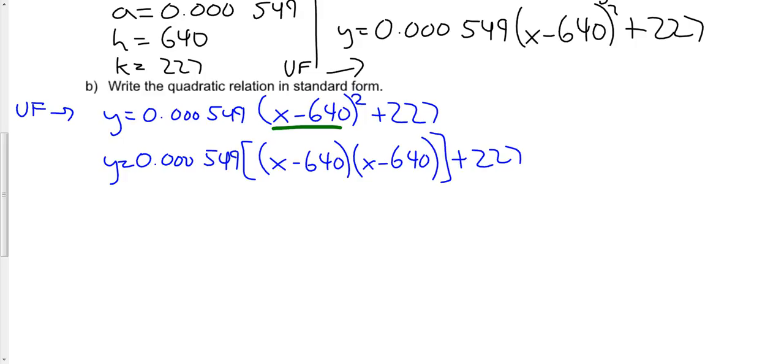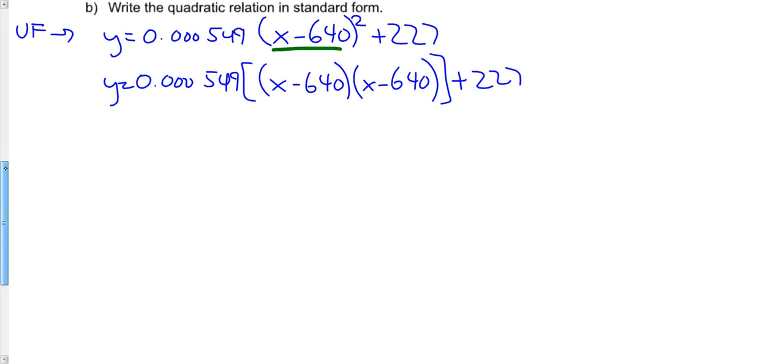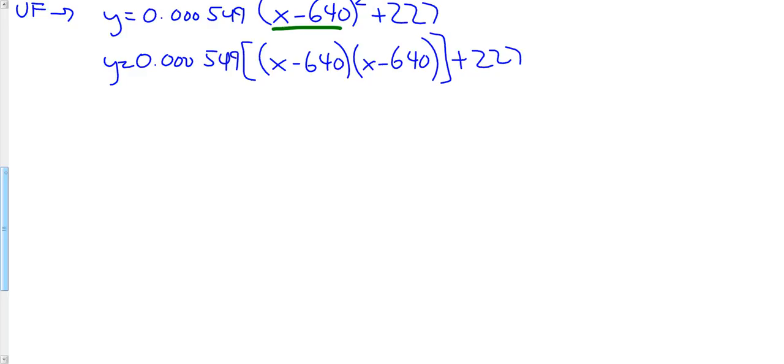Now I'm going to use my FOIL pattern, and multiply my firsts, my outsides, my insides, and my lasts.